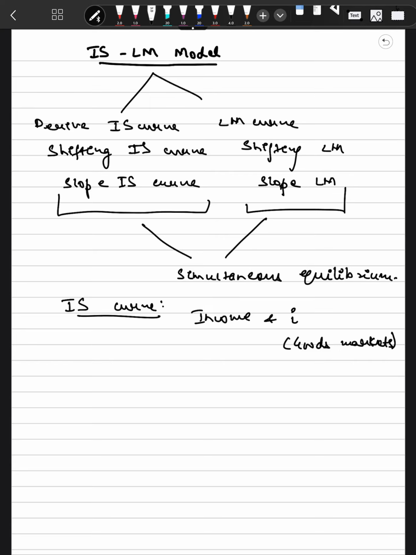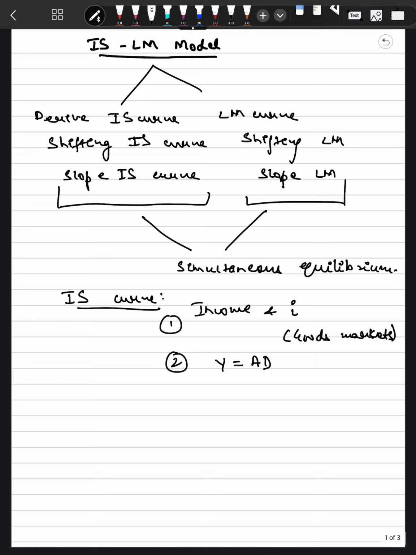Now we know that the goods market is in equilibrium at the point where Y is equal to AD. We did the Keynesian cross earlier, now I am going to explain that again diagrammatically. So goods market equilibrium is where Y is equal to aggregate demand. And suppose this is a closed economy. When we say this is a closed economy, there are only 3 sectors: households, business firms and the government sector.